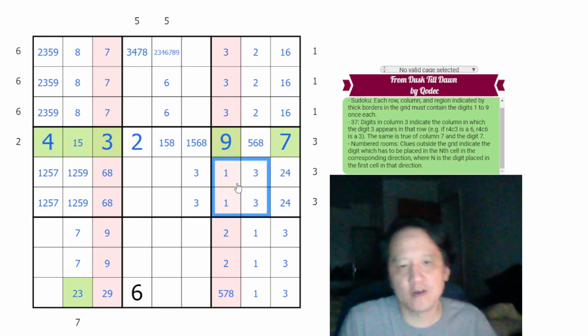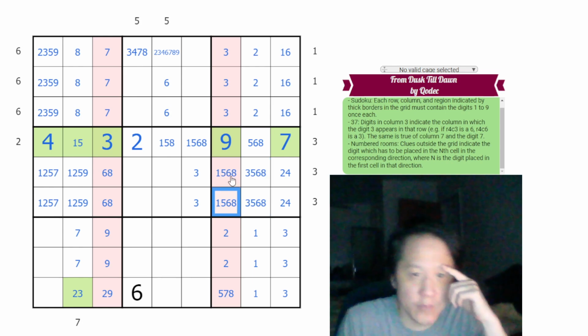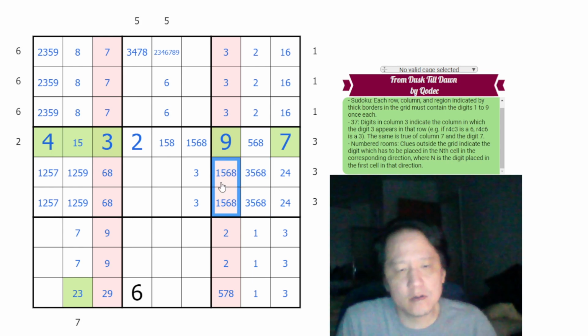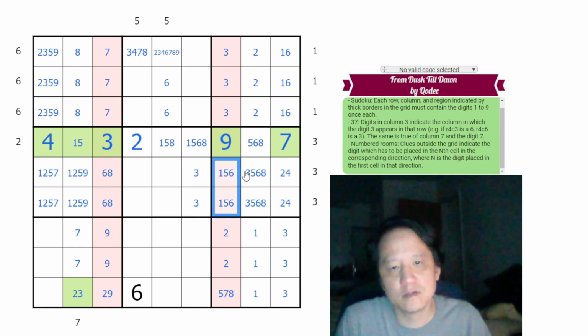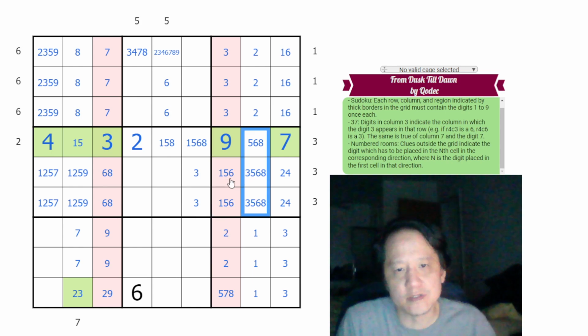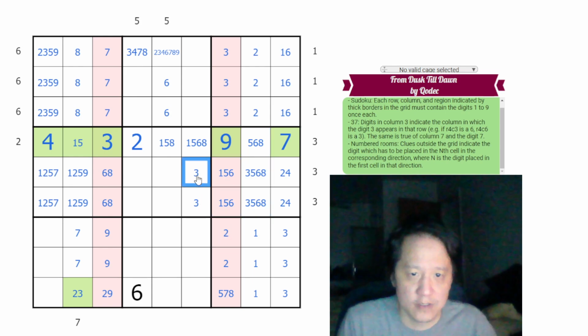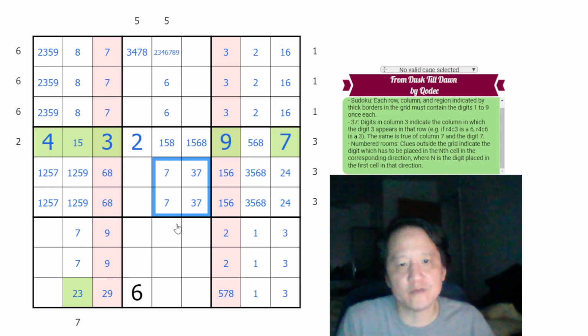This is 5, 6, and 8. 7. 7's here. 5, 6. Cannot be 8. So we know this. Yeah, we know this is 8. This is 5 or 6. So the 7 has to be one of those 4.